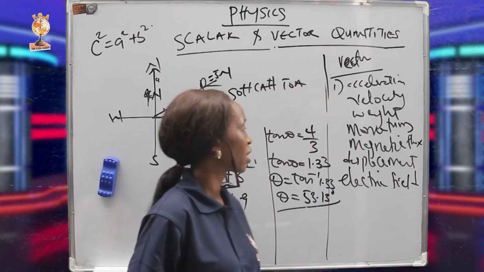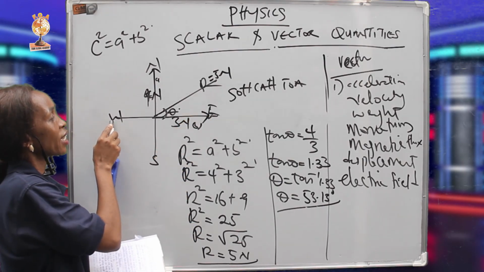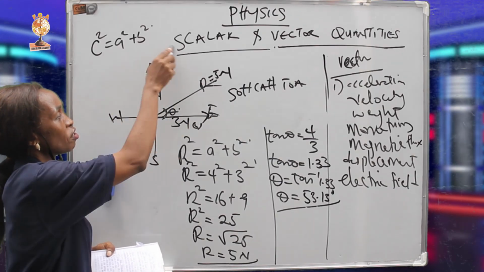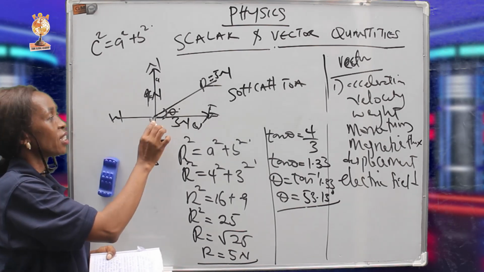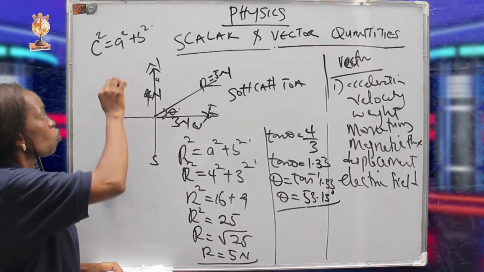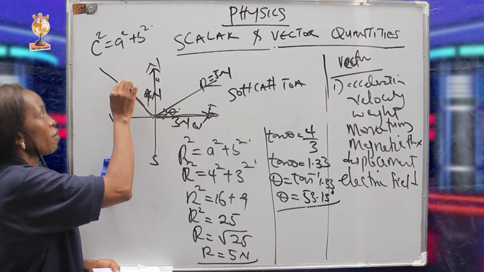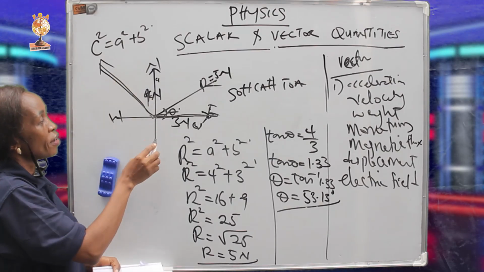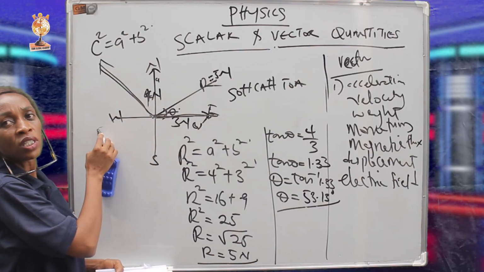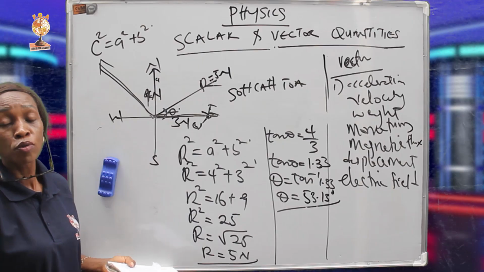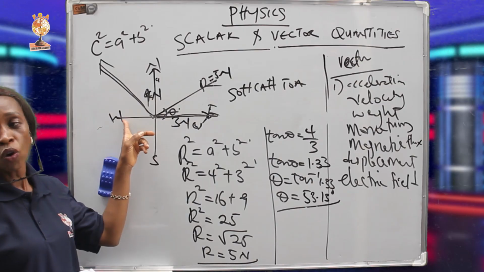Take for instance, instead of one being east and the other west, it is making more than 90 degrees to each other, somewhere here, above 90 degrees but not up to 180. Remember, this is 90 degrees. This one is above 90 degrees, an obtuse angle, above 90 degrees but not up to 180 degrees.